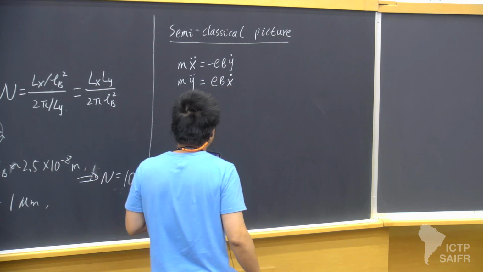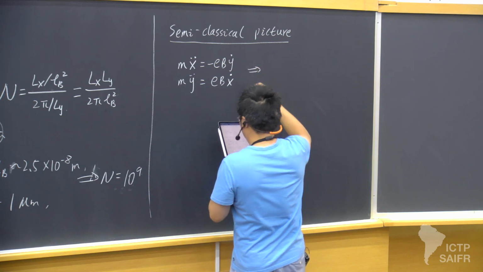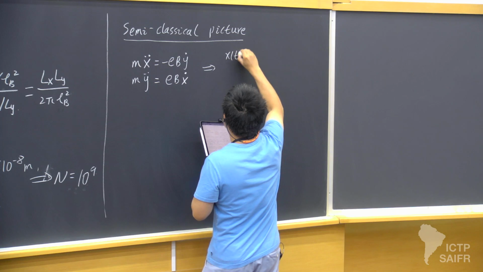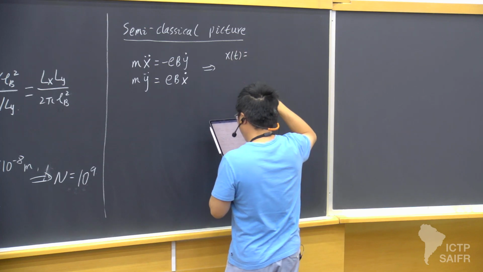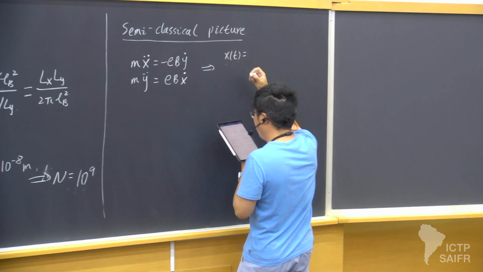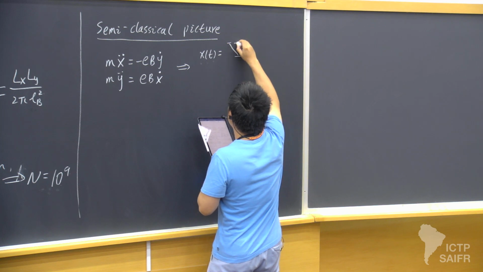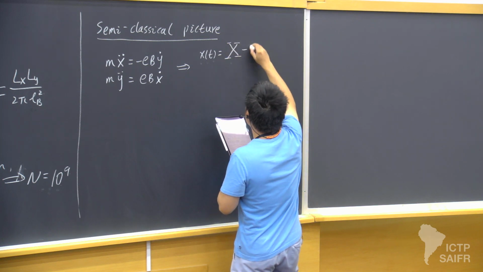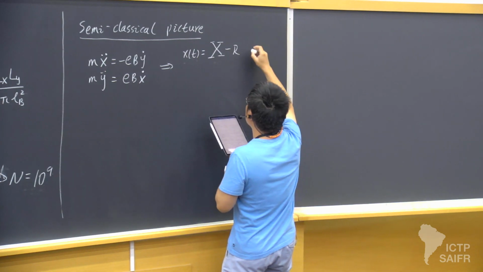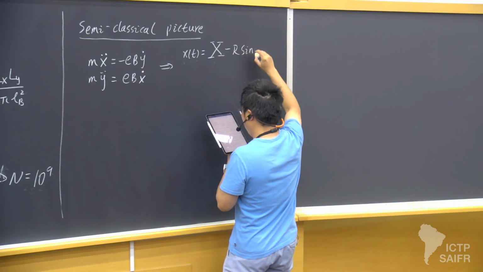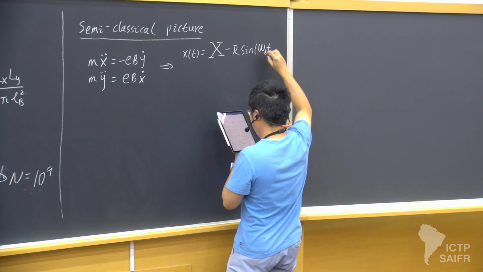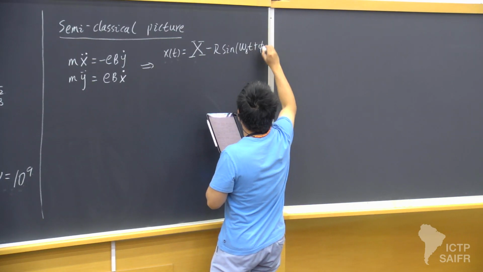And then we can find a solution to be x(t), which will be time dependent, equal to some capital X minus r times sine of omega_b t plus phi, right?